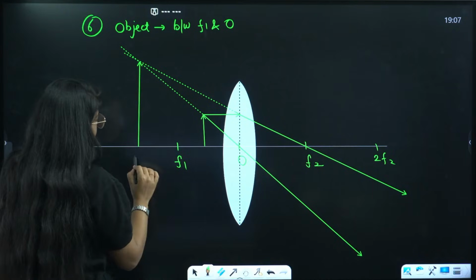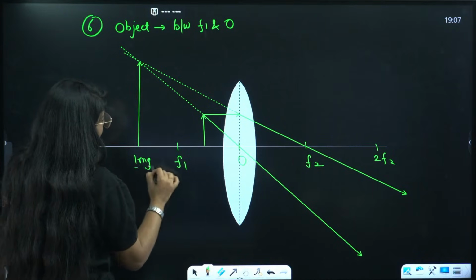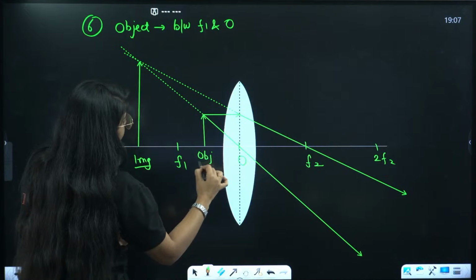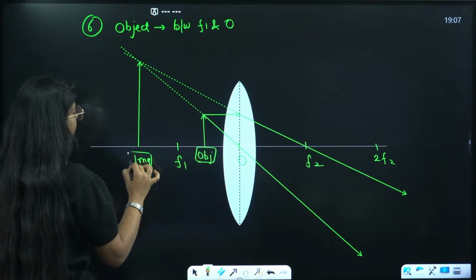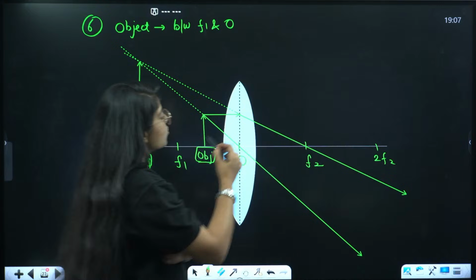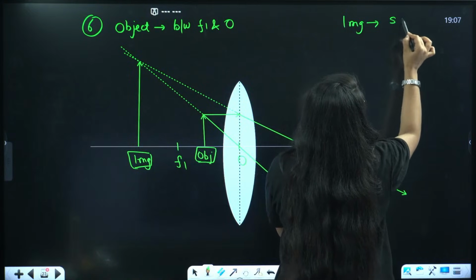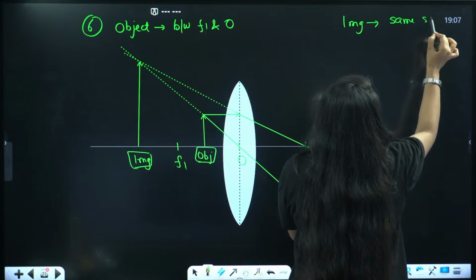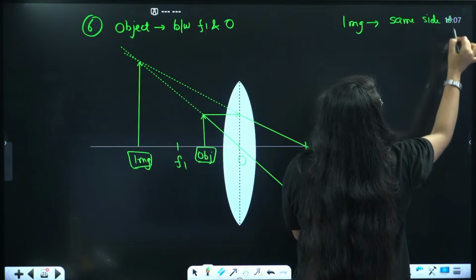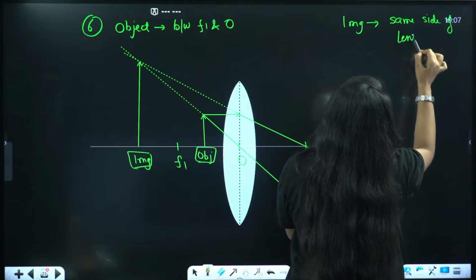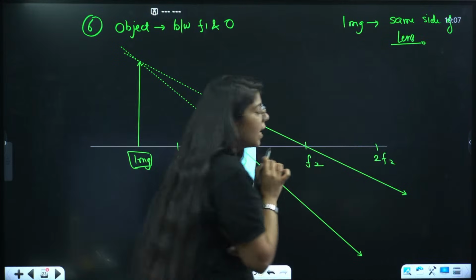Done. This is image and this was my object. Done हो गया, खत्म हो गया, everyone. So the image is formed on same side of lens. Done.